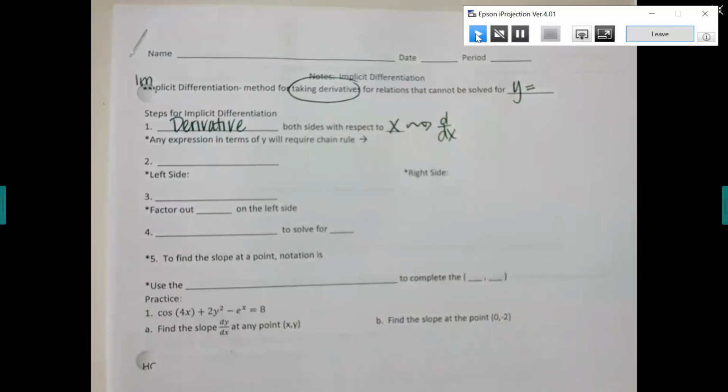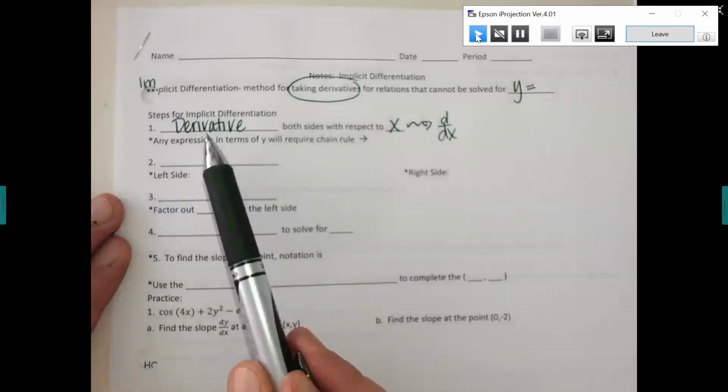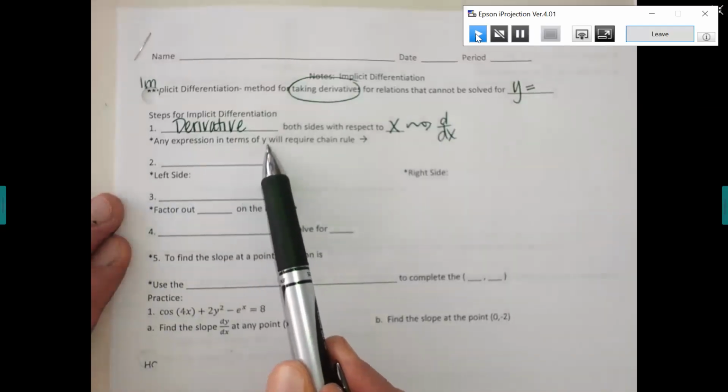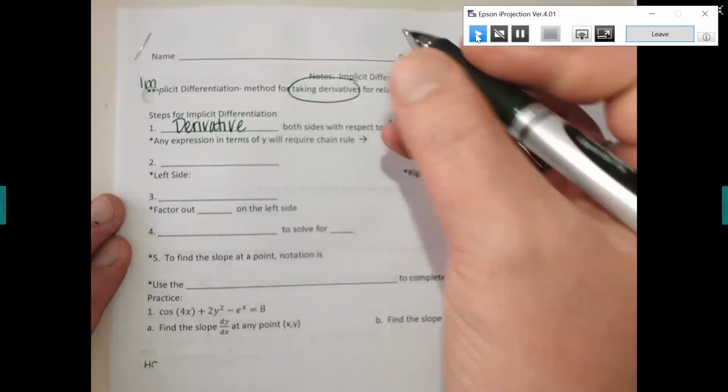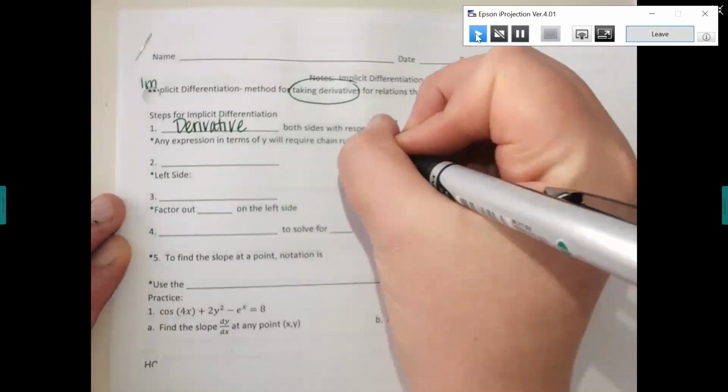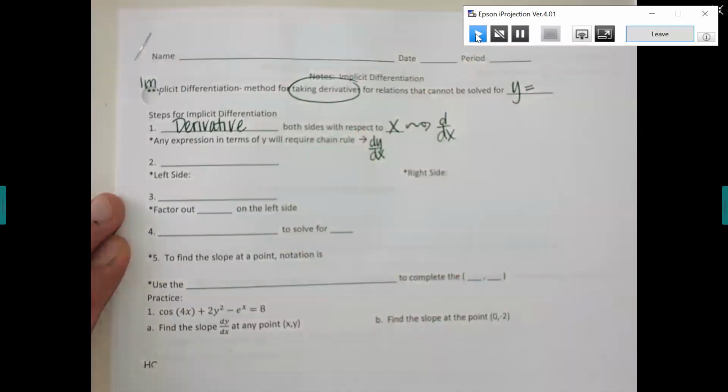But because x is your main variable, anytime you take the derivative of something where y is your variable, you're going to have to add a dy dx to the end of that term.